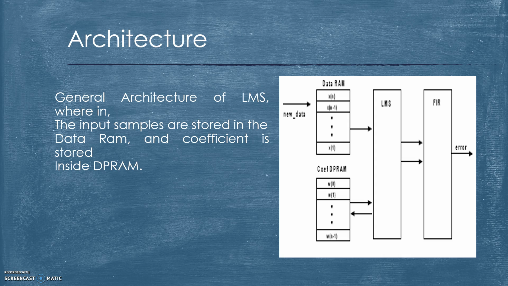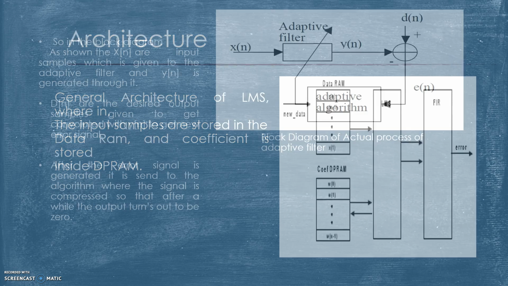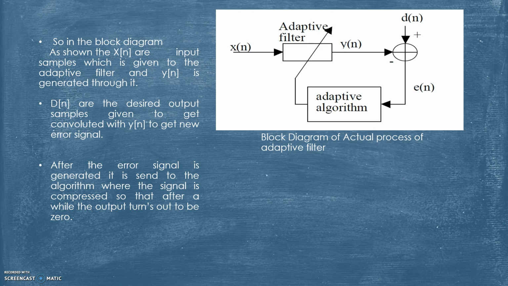So, moving towards the block diagram of the adaptive filter, here you can see the x of n signal coming to the adaptive filter, where the filter also receives the signal from the algorithm, and the difference between the algorithm and x of n will give us the y of n, which is not the desired signal but the output signal.